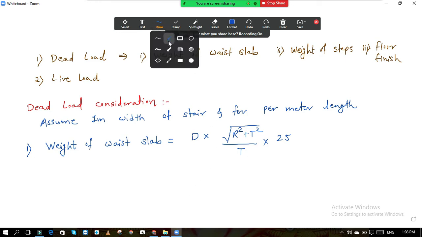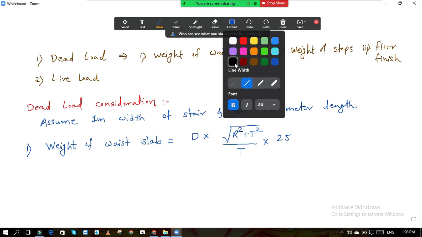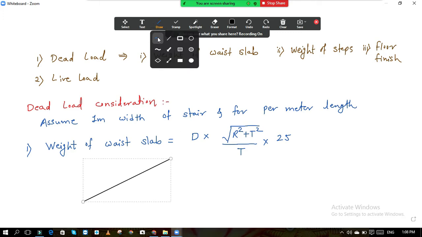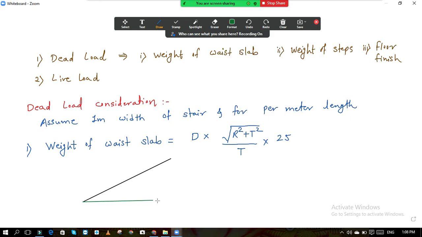Why do these terms come? Because here you can see this is your waist slab. Waist slab is an inclined slab, and on it the steps are there. This is our normal horizontal line, and the slab is inclined at some angle theta.